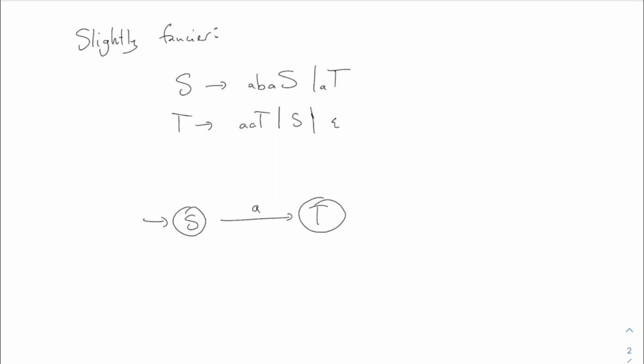Now, you may be tempted to say, can't you just do something like that? S goes to ABAS will be something like that. The answer is no, you can't just do something like that because that's not allowed in an NFA. You can't label an arrow with a string. Every arrow must be labeled with a letter or epsilon. But we can kind of fake it.